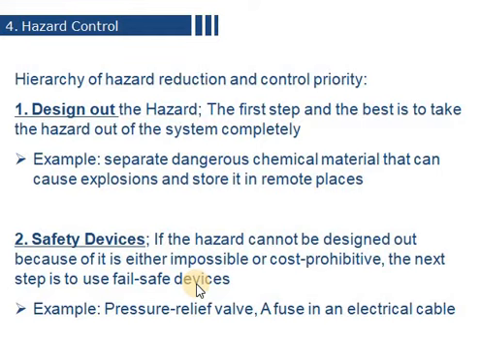For example, the fuse in an electrical cable, the fuse would burn to protect the electrical device, or the mechanism in the lift elevator so they don't drop if the cable breaks. The elevator will not drop completely in that case. So these are the fail-safe devices so that they will allow us to remain safe when the event of failure occurs.